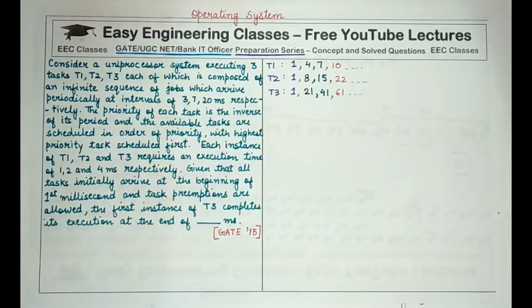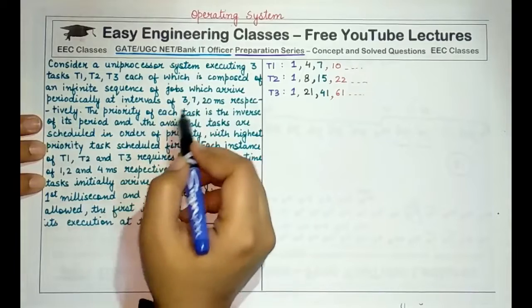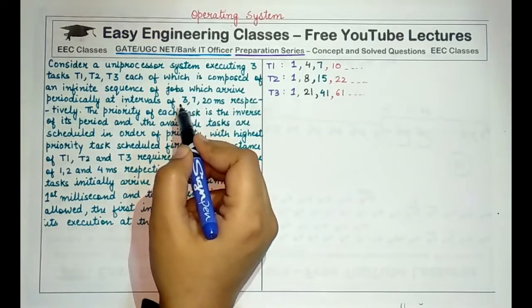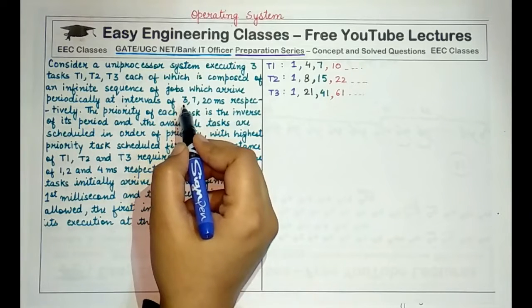Now you are given that the priority of these three processes is different. All of them are not of the same priority, since it is given that the priority is inversely proportional to the period. Period means after what interval of time these jobs are repeating or the instances appear.